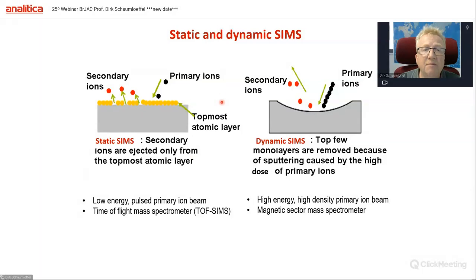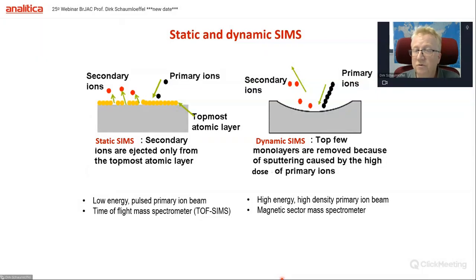Because of the lower energy, the secondary ions can be atomic but also molecular ions, and by this, molecules can also be detected, but only from the topmost atomic layer. This technique is, for example, time-of-flight mass spectrometry with SIMS, the so-called TOF-SIMS. This is a static SIMS technique.